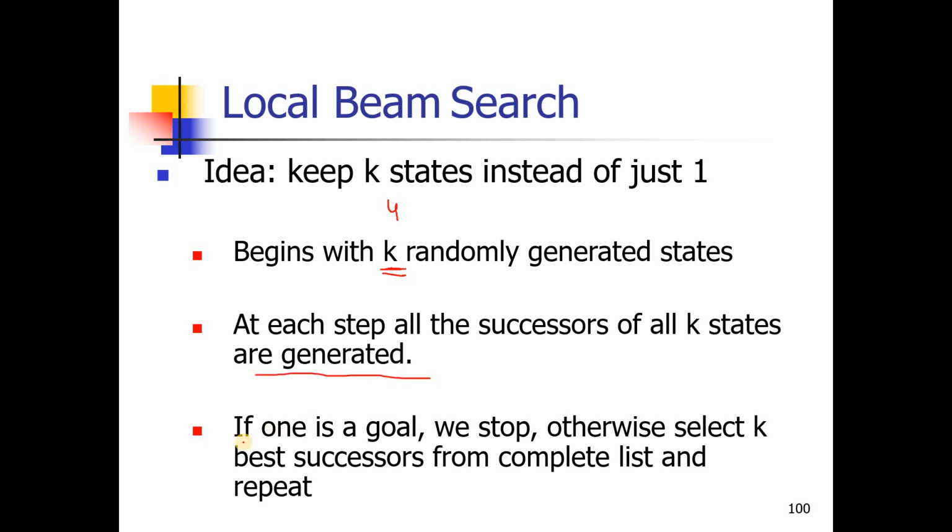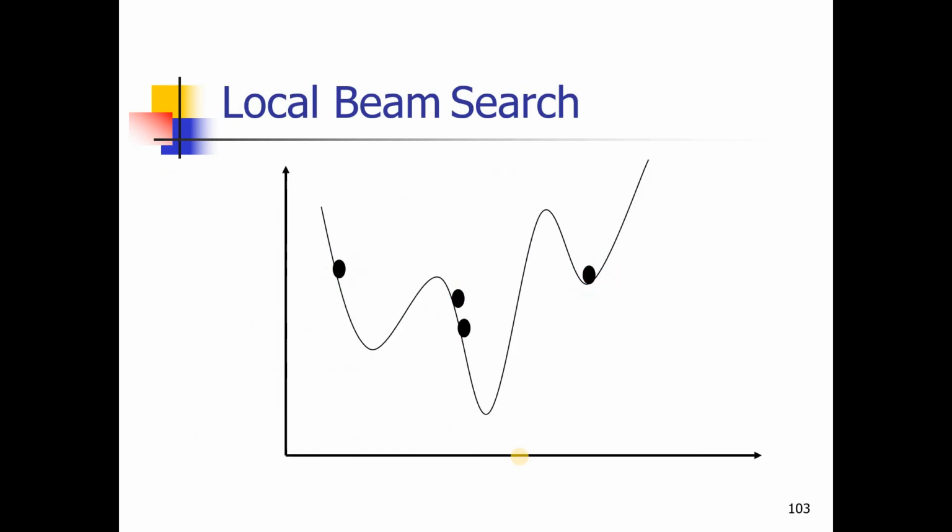If one of them is a goal, you stop. Otherwise you select the next k best successors from the complete list, from all the nodes, and you keep on repeating these 3 steps. We have seen this in detail. I hope it's clear. You keep on doing this until local beam search finishes.